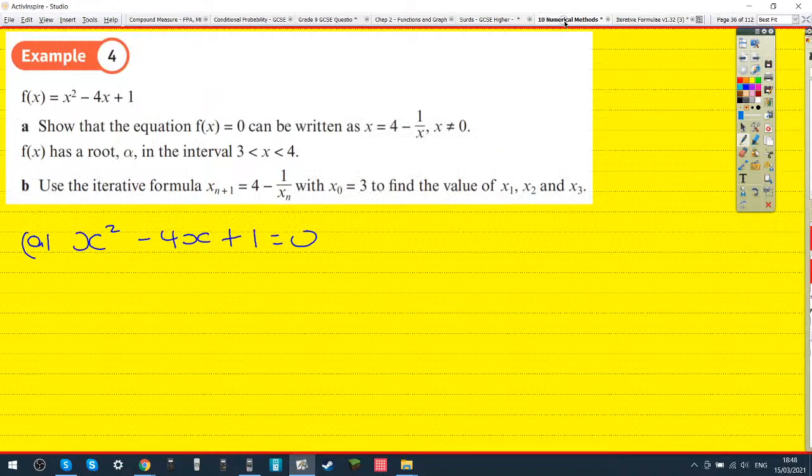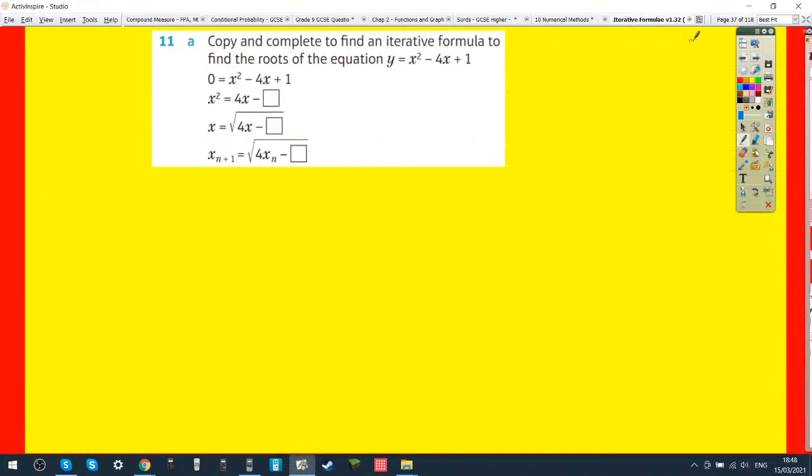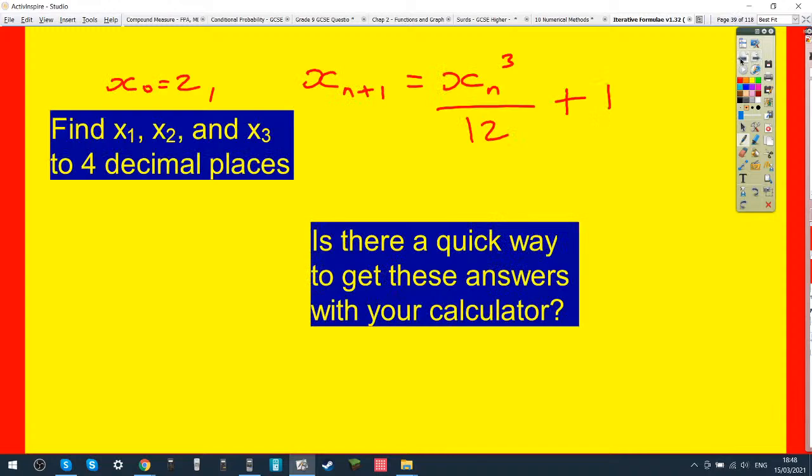No, it's fine. So let me go back. Okay, x0 is 2. How do we go about this? We have to find x1, x2, x3.